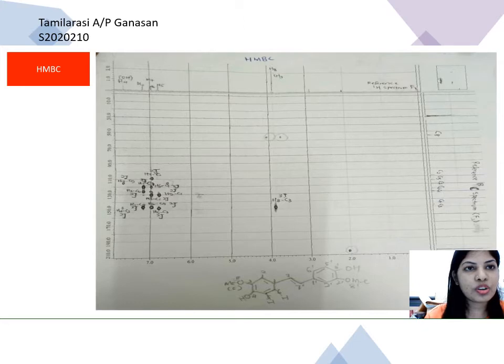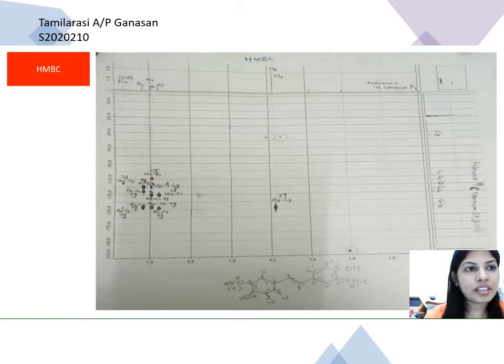It is a correlation between nuclei of two different types that are separated by 2 or 3 bonds, definitely not the same as COSY. What is the purpose of HMBC? Anyone know? Okay, I give the answer.